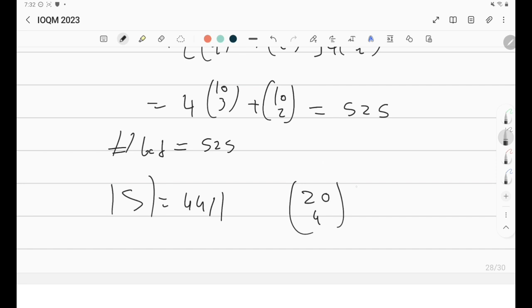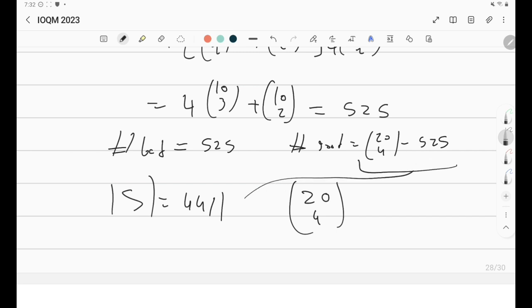For example, you can figure out first of all how many goods there are. This is the number of goods. Once you calculate this and use all of these, then you're going to have a remaining. The remaining is basically the answer.